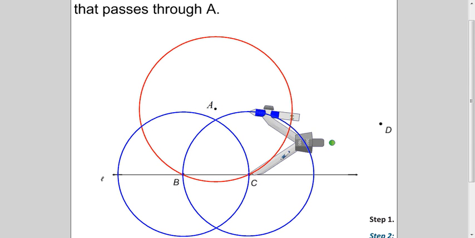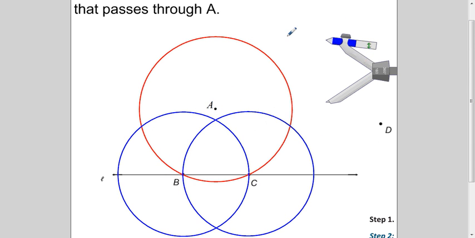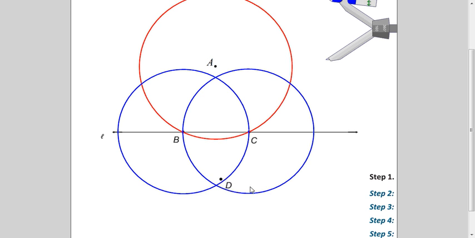And so now, if we label a point of intersection, let's just label the one on the bottom, since we already have A that we want to go through. Let's label this one D down here. If we connect A to D, we have a perpendicular line that goes through that point. Exactly what we want to construct.